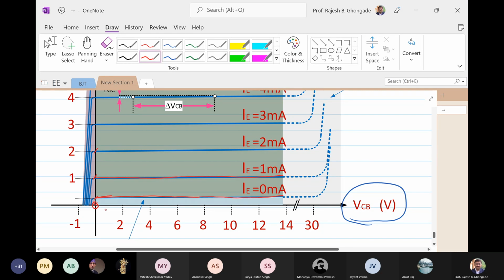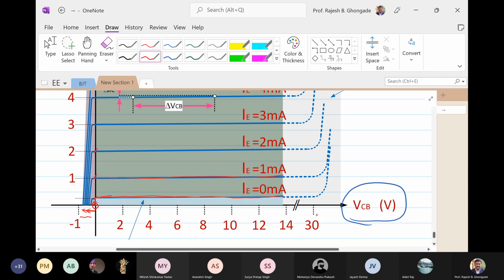To make IC zero, I have to slightly go into this direction and slightly forward bias the collector base junction. This is one very important observation that you see. Yes, sir. I have to apply a very small forward bias to make this IC zero.